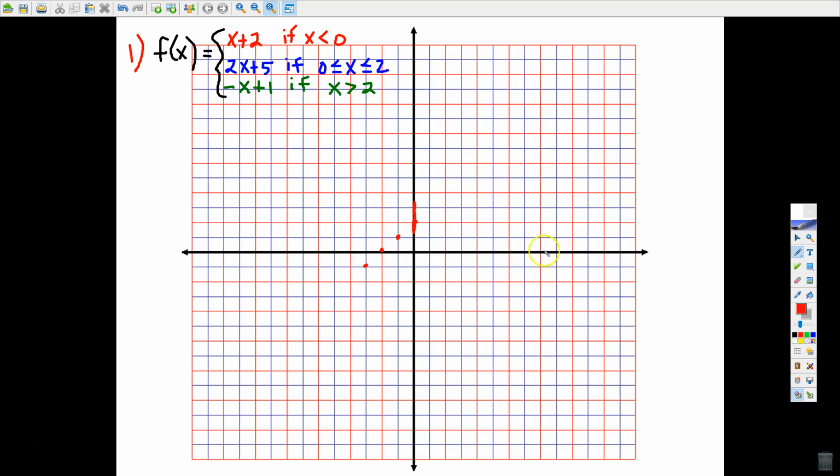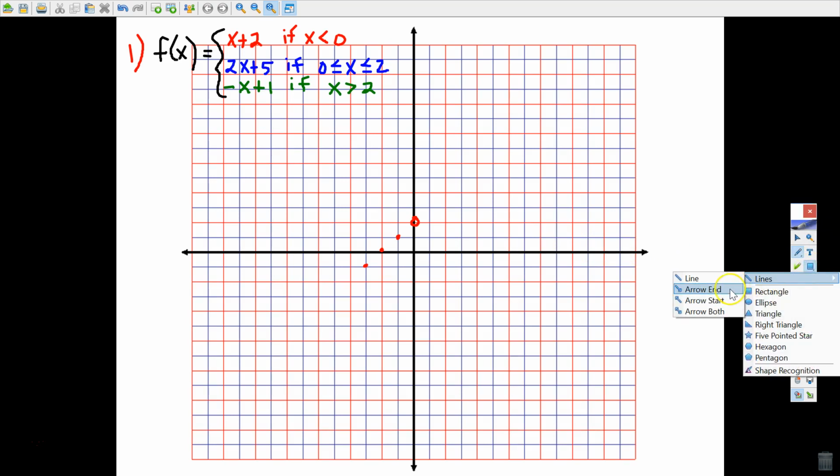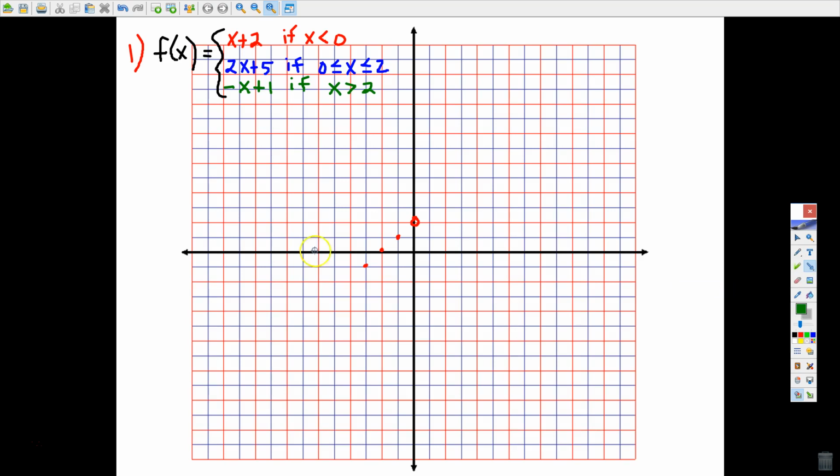At this y-intercept, since x cannot equal 0, it has to be less than, we're going to make an open circle. And we'll draw our line from that point. So it looks like this.